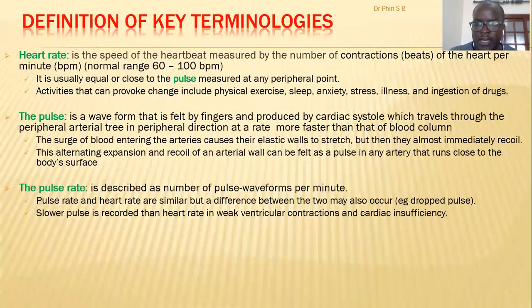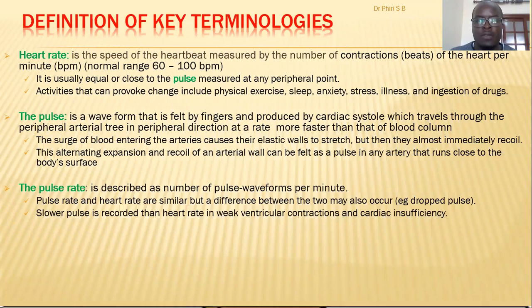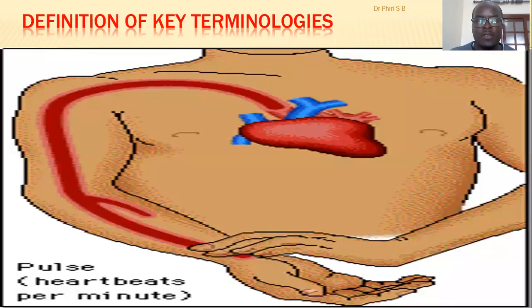Okay, so the following diagram is just showing you how you can feel the pulse. So you can see here, as the heart is contracting, it's pushing blood into the aorta, and that will cause expansion of the aorta. And you know that the aorta is elastic. So you find that as it recoils back, there is expansion and recoiling of the aorta that will produce a wave.